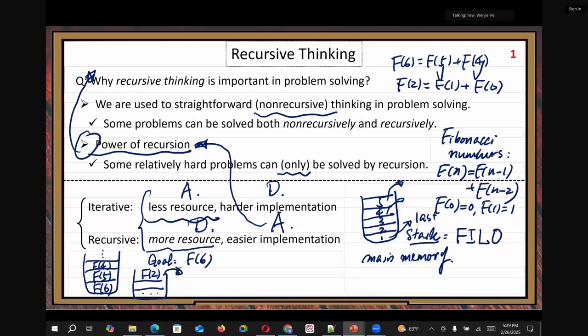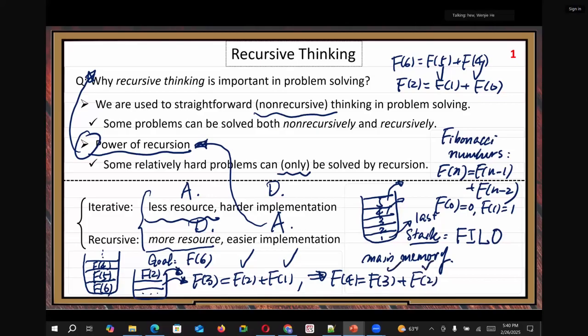After we get f of 2, we can calculate f of 3, which is waiting inside the stack, because it equals f of 2 plus f of 1. F of 1 is known. F of 2 we just calculated, right? So then we can find the value of f of 3. After we get the f of 3 value, then we can calculate f of 4 equals f of 3 plus f of 2.